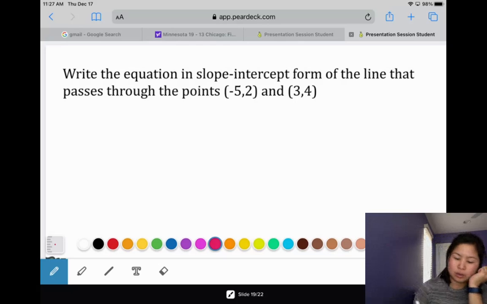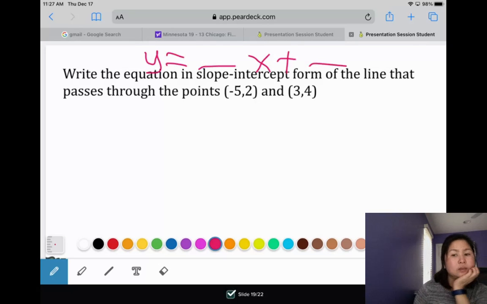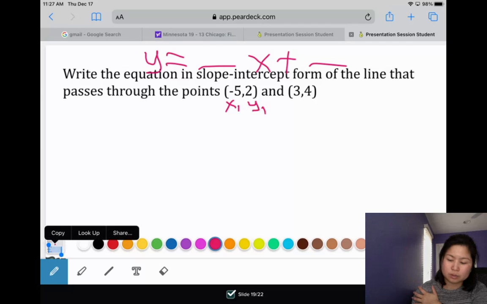Okay, so again, your equation is y equals blank plus blank. We need the slope and then we need the y-intercept. In this case, we don't know the y-intercept, we don't know the slope, so we have to solve for both. So label x1, y1, x2, y2.